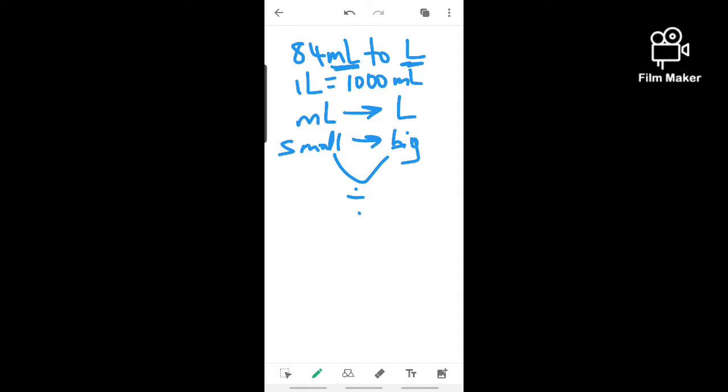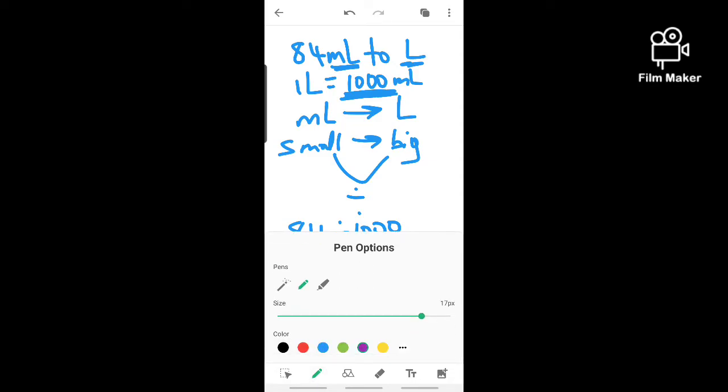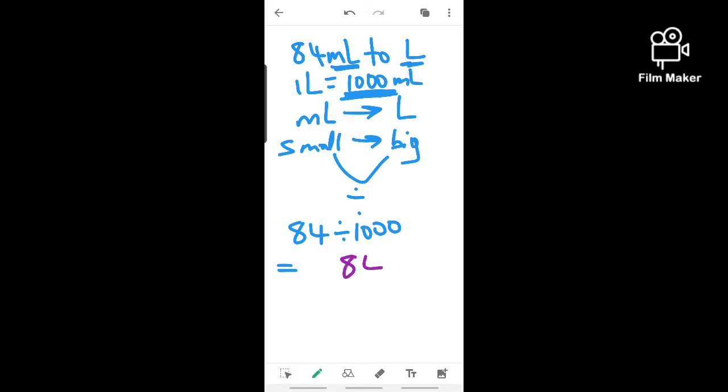Now, what are we going to divide by? We're going to divide by this same 1,000. So all we're going to do is say 84 divided by 1,000. Let's write our 84. We know that with whole numbers, the decimal point is always going to be after the 4. When we're dividing by 1,000, we're simply moving the decimal point places to the left.